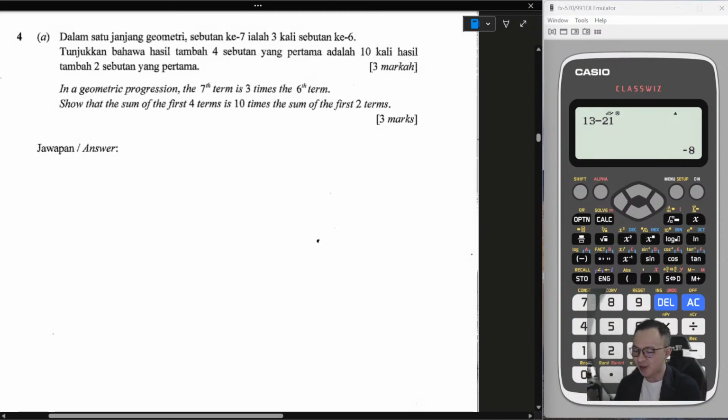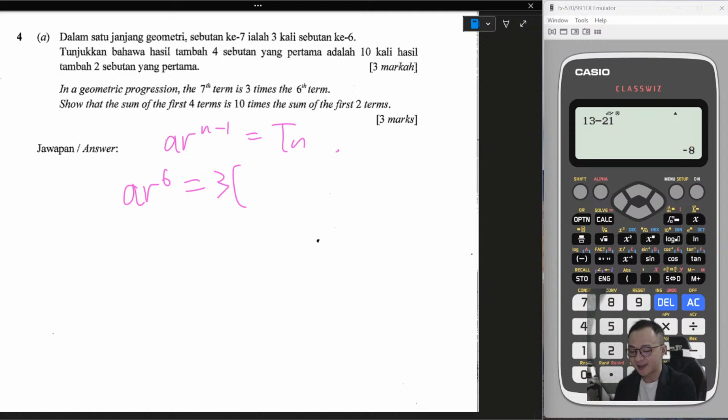In the geometric progression, the seventh term is three times the sixth term. The geometric progression is a r to the power n minus 1 to find the nth term, isn't it? So the seventh term should be a r to the power 6 equals 3 times the sixth term, which is a r to the power 5. If your algebra is good, you will find this kind of question very easy to solve.